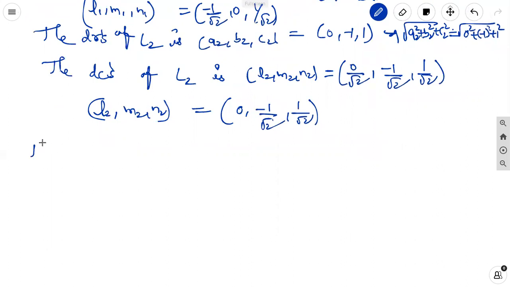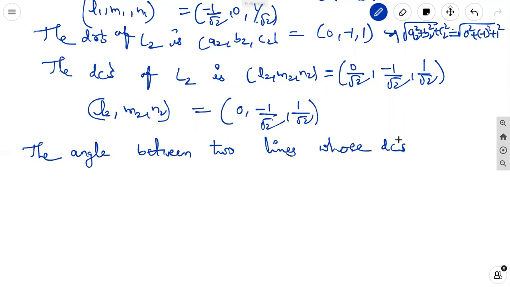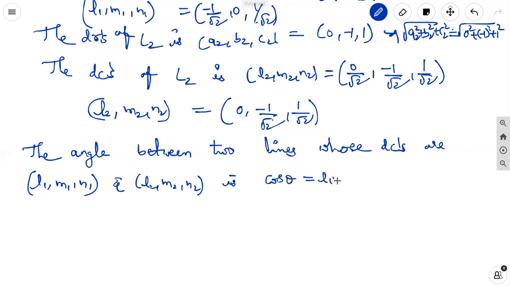Next, what they are asking? The angle between two lines whose DCs are l1, m1, n1 and l2, m2, n2 is cos theta equal to l1 l2 plus m1 m2 plus n1 n2.